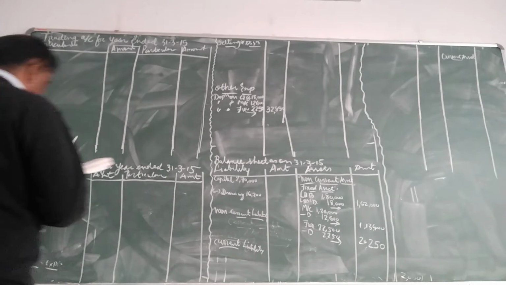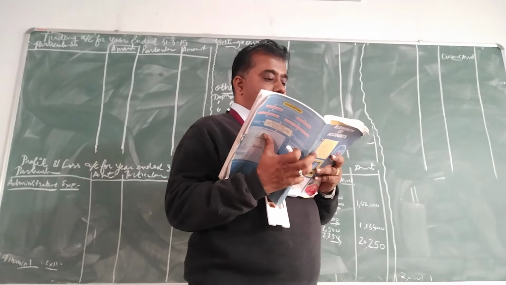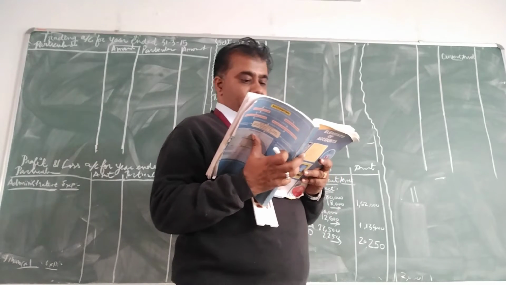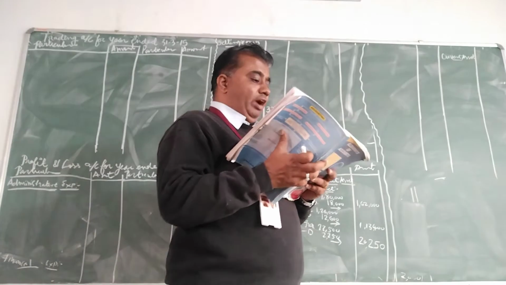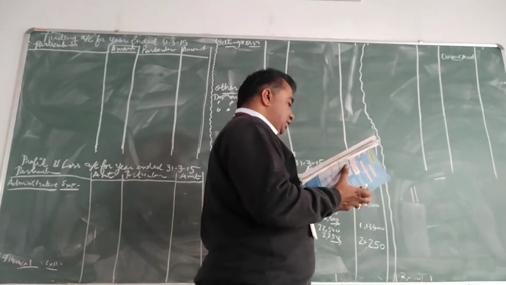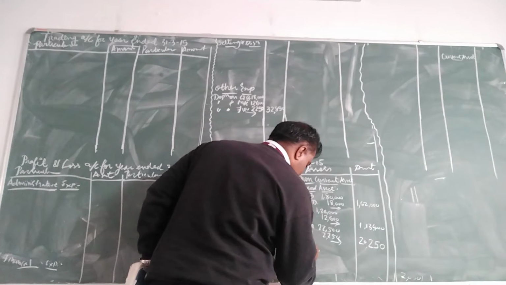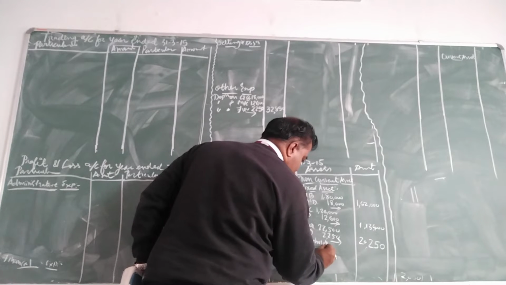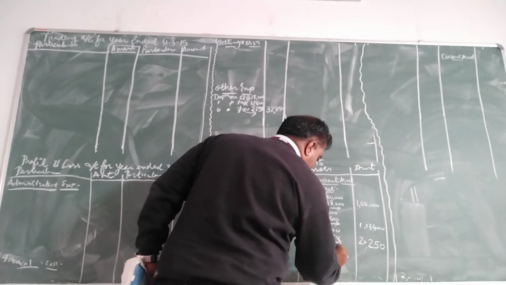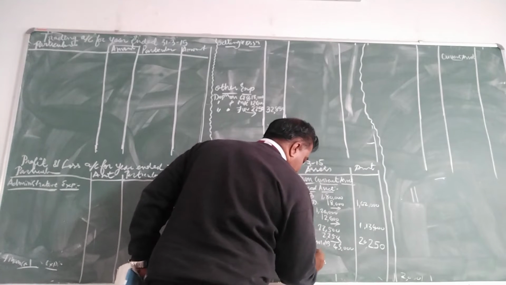Now leasehold building. Leasehold building 1/4/2014 for 5 years. So this is hidden adjustment, 45,000. So in the balance sheet asset side, leasehold building. It is 45,000. Less write off.